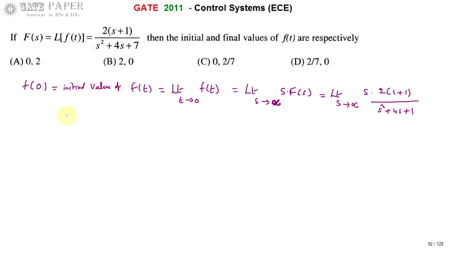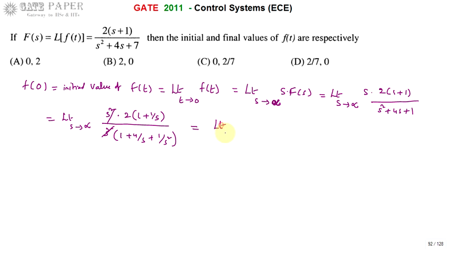Then it will be equal to the limit as s tends to infinity of s into s, which becomes s^2, into 2 into (1+1/s), divided by s^2 times (1+4/s+1/s^2), and s^2 gets cancelled.